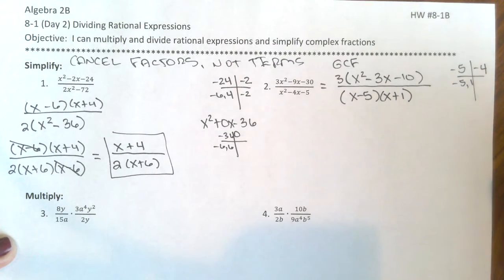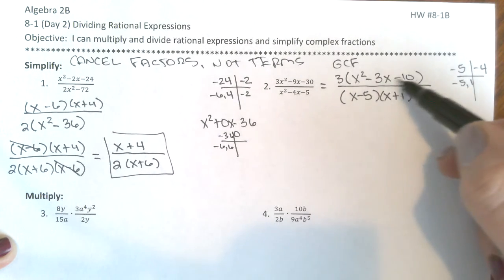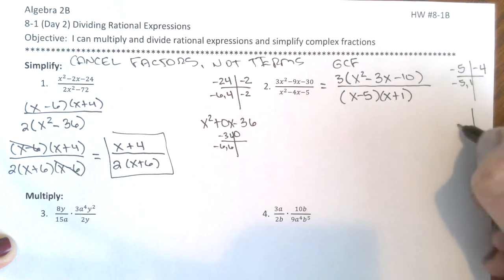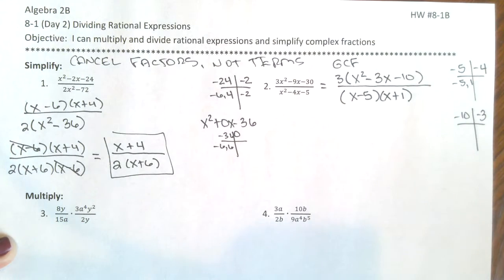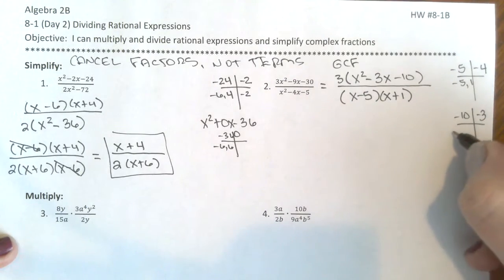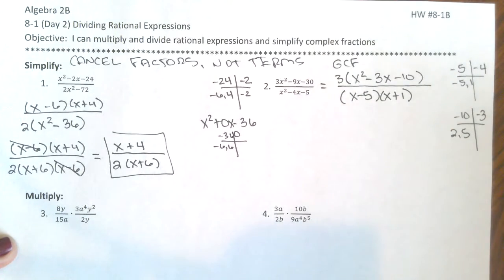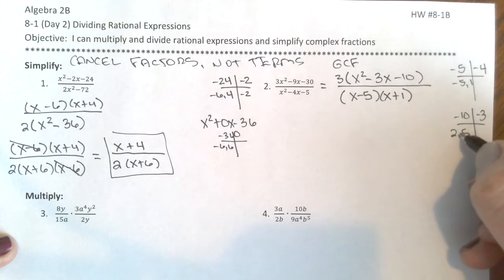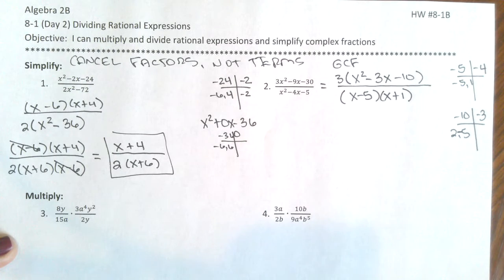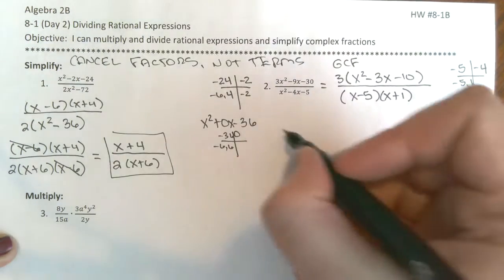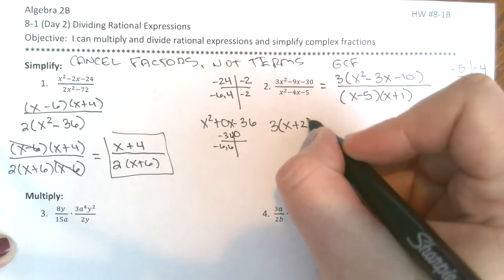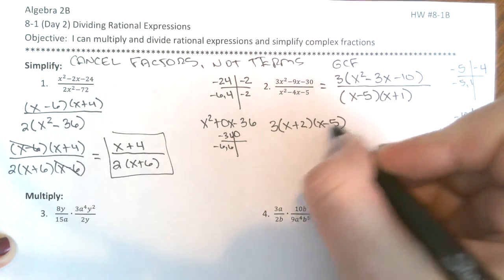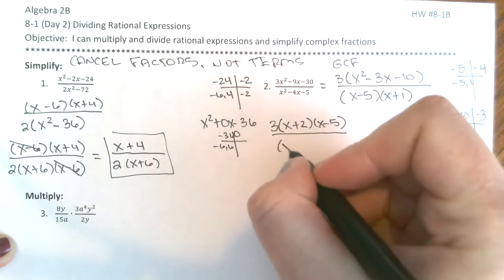All right, now let's go back to the numerator, this x squared minus 3x minus 10. I need factors of negative 10 that add to negative 3. All right, so 2 times 5 is 10. It adds to negative 3, so that means the 5 has to be the negative. So I'm going to keep my 3. I'm going to rewrite this numerator as x plus 2, x minus 5.